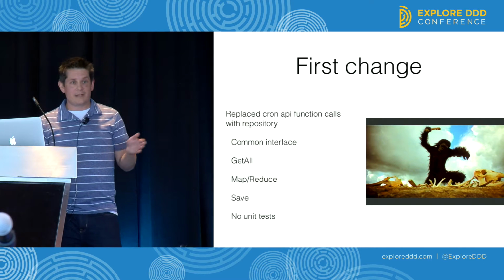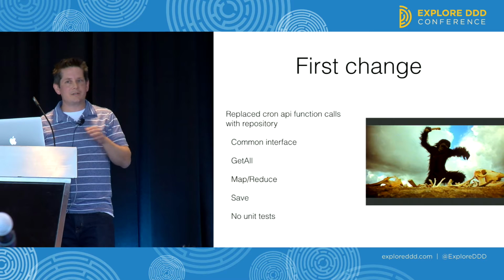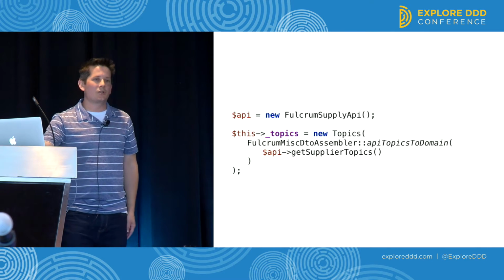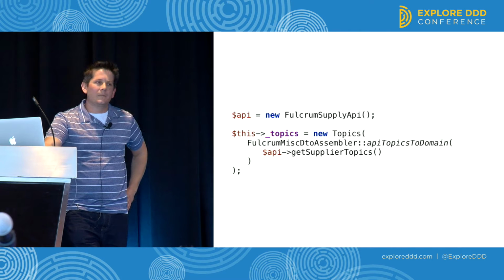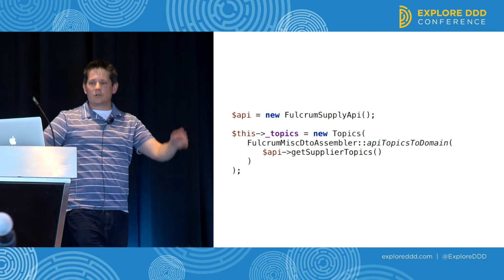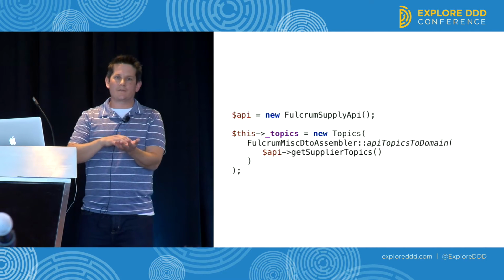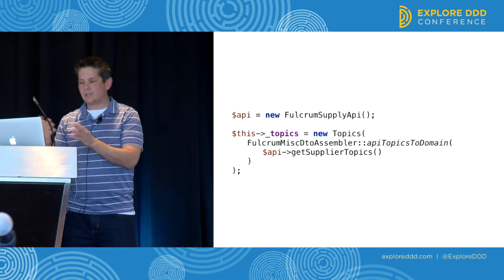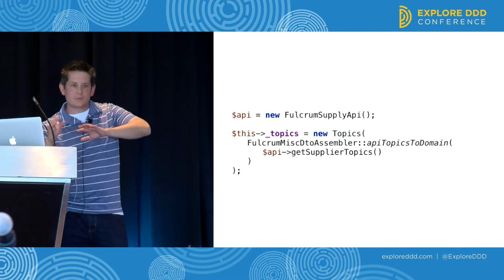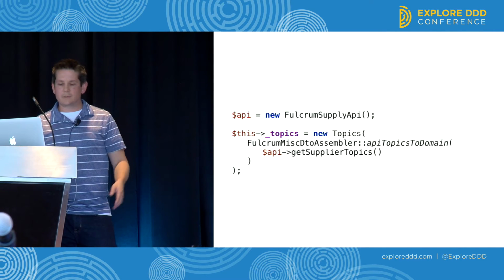So I made a common interface for all of our partners. They kind of are all doing the same thing, but not exactly. So this was the first change. It was a feature request to include categories or verticals, and what the term is, topics, with a survey. This doesn't really look like DDD, but it was the first change, where I was pulling stuff out of the MVC framework into a separate folder.